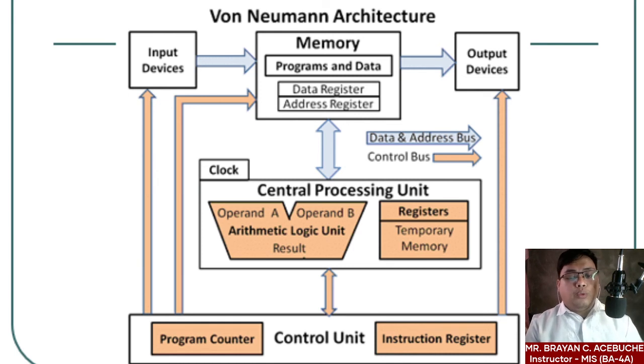Okay, so from what we have seen in the video, it defines one by one how it works. And even the terminology such as the input devices and the output devices, the memory, and so forth has been defined in the video. Now, let me just give you a short glance or a preview on the von Neumann architecture.